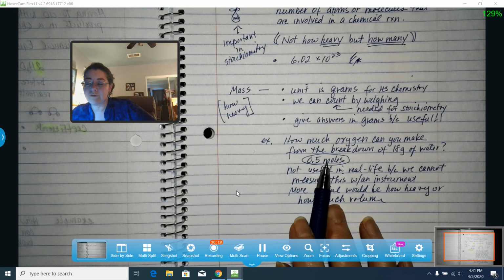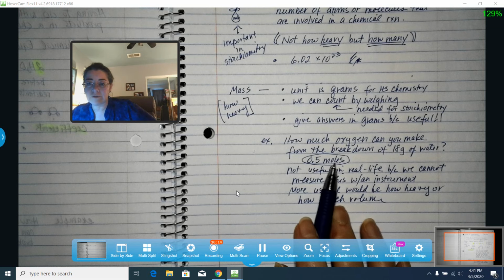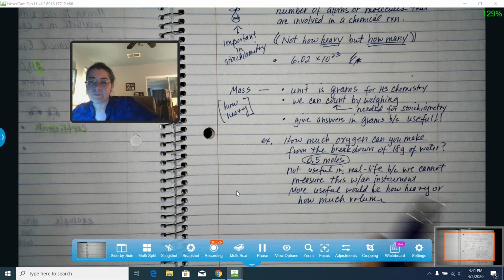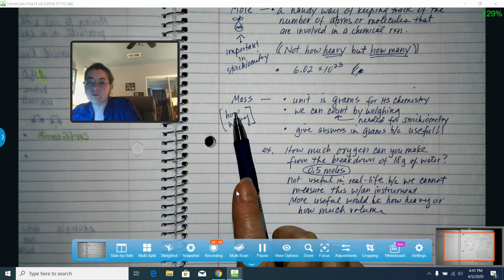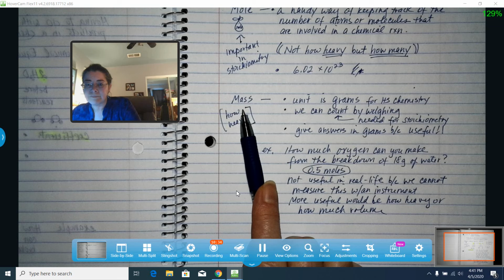So you'd have to know how to convert 0.5 moles of oxygen into, you know, a mass. So you know, like, how much would that weigh? It gives you an idea of what it would look like, or the volume since it's a gas, right? So remember, we use mass in stoichiometry because we can measure it, okay?